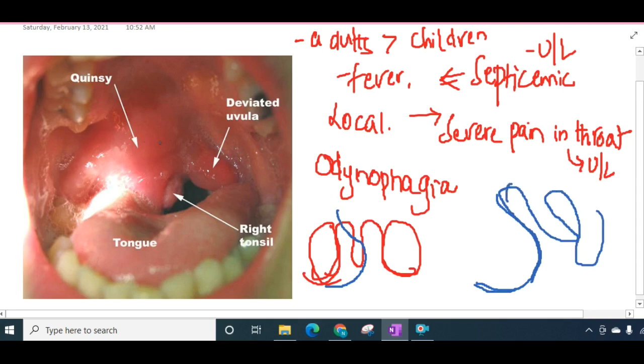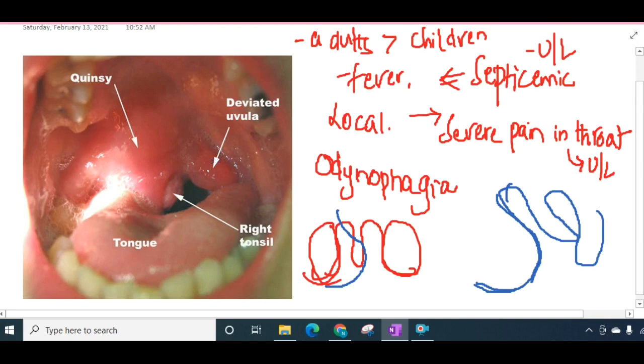Here in this picture, this is the tonsil, and this is the quinsy, that is enlarged with pus. Because of the pus around the tonsil, the tonsillar space is enlarged, and this results in deviation of the uvula to the opposite side. This is the uvula which is deviated to the opposite side.